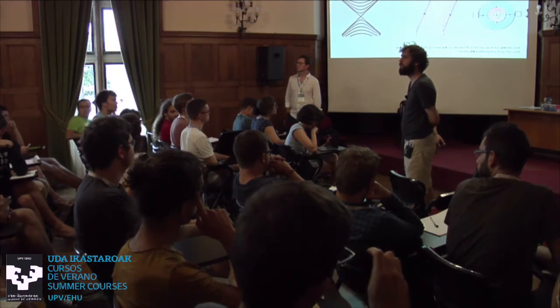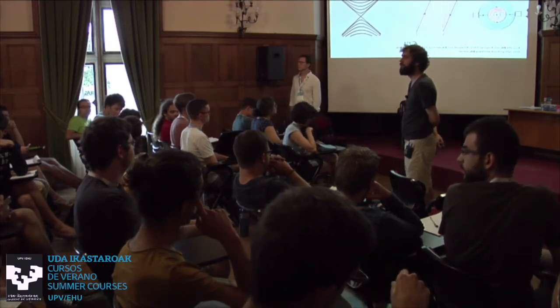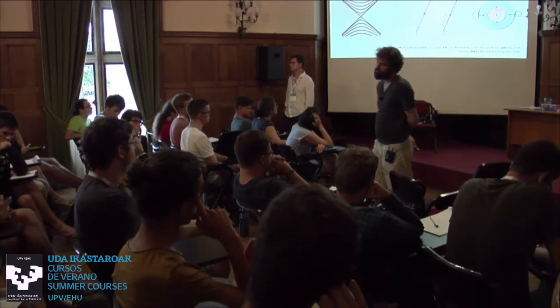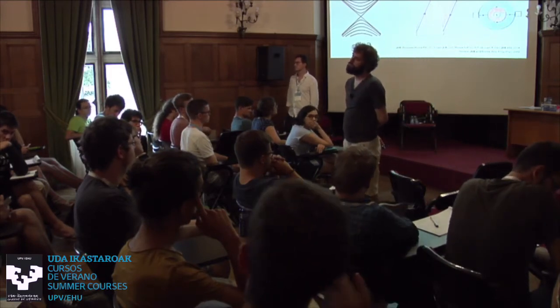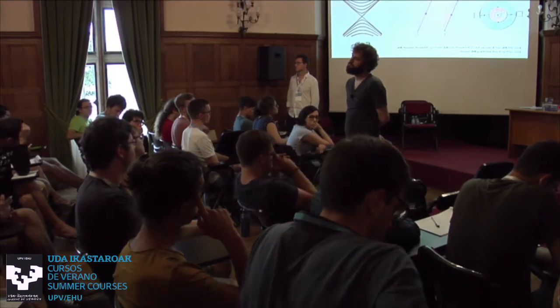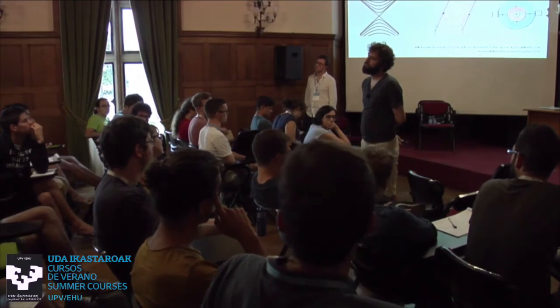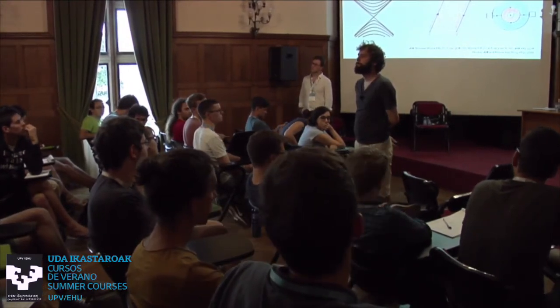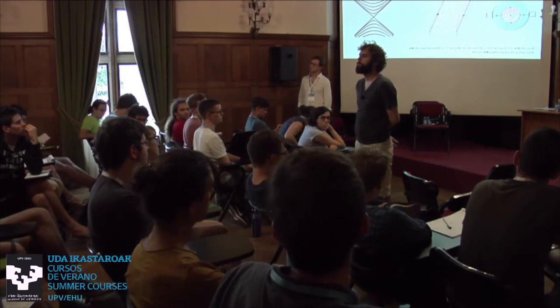Yeah, I want to make sure I understand the nature of the perfectly conducting mode. So if you have a Majorana classic nanowire, no matter whether it's topological or non-topological, typically it's localized, right? Yes.